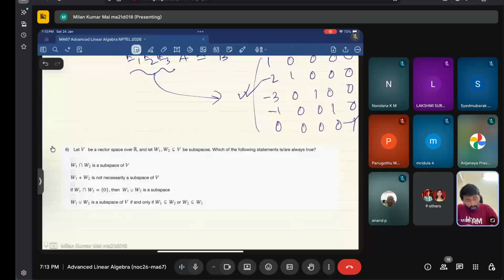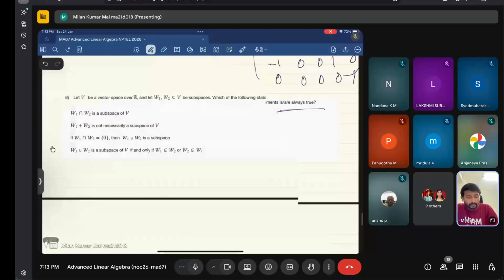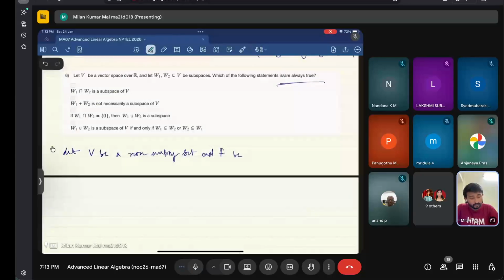I know all of you know, but still: let V be a non-empty set and F be a field, then V is equipped with two operations.